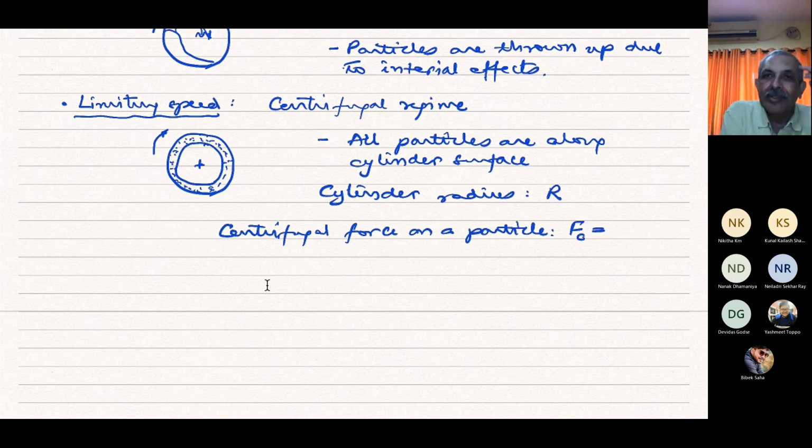can someone tell me what will be the expression? I'm telling you that omega is the rotational speed of the particle and the cylinder radius is r. And let's say the mass of the particle is m. So what will be the centrifugal force?